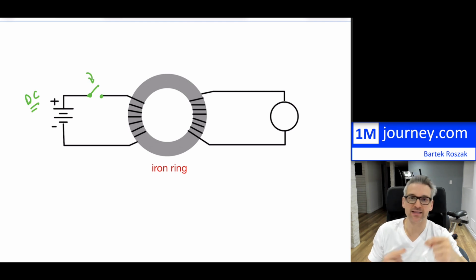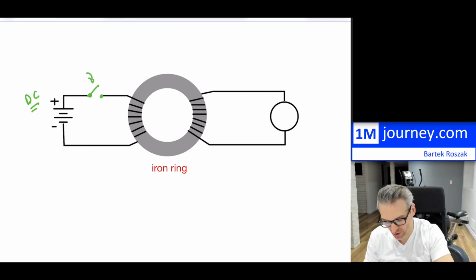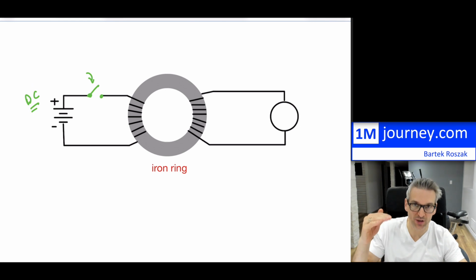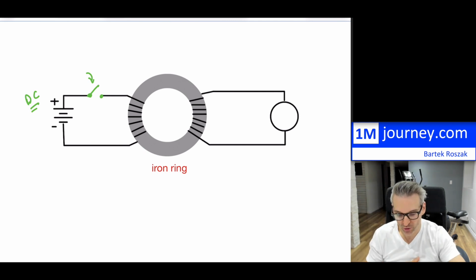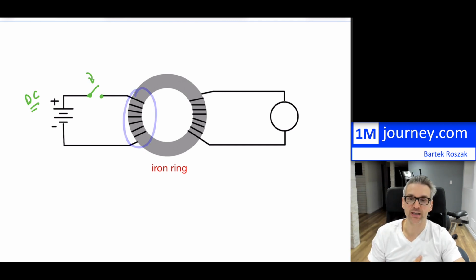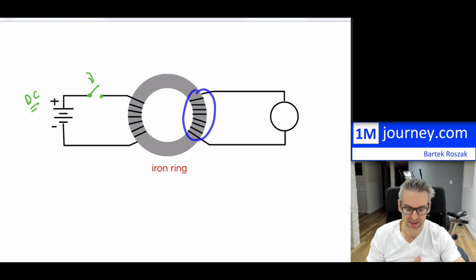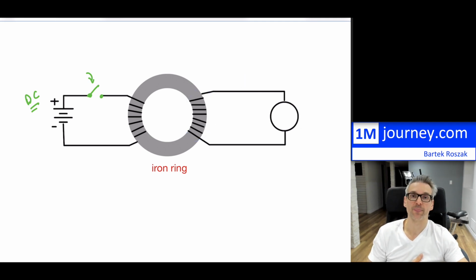Now, if you had some ability to manipulate your DC, increasing or decreasing the current, then as you're increasing and decreasing the current, you would be changing the magnetic field in here, and therefore you would notice that there is a current induced on the other side. So that's how Faraday noticed it.